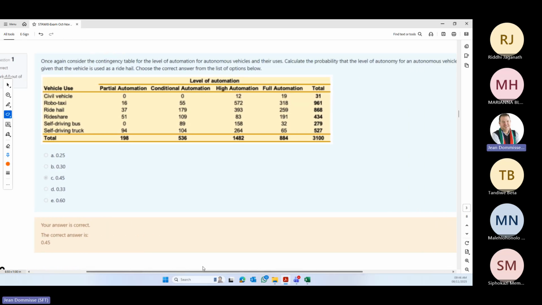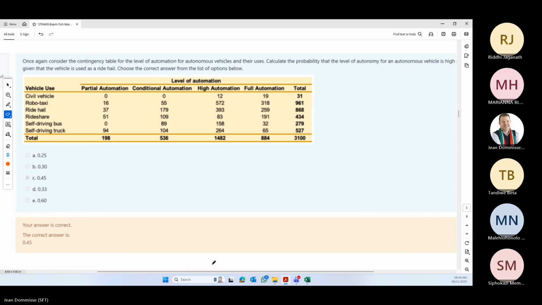Okay, so again, we're working with the same table. Once again, consider this table.